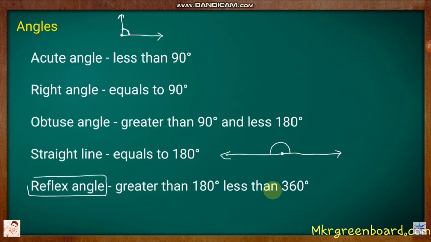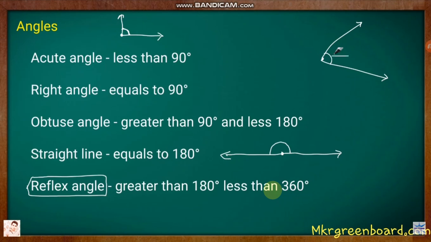Next one is reflex angle. Reflex angle is greater than 180 degrees and less than 360 degrees. For example, here the inside angle formed is 40 or 50 degrees. How do you find the reflex angle?